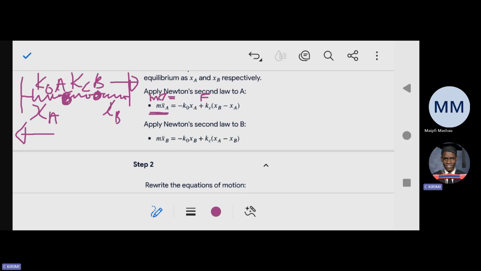Okay, that's why here it will be minus K naught XA. If I want to introduce KC, then it will be plus KC XA, the opposite direction.